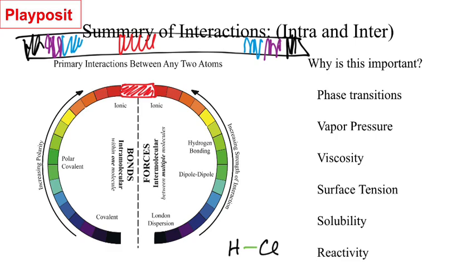This molecule wants to interact with something else. Because it wants to interact with something else, if I put something remotely negative in here, say like a hydroxide, what happens? This chlorine wants to steal the electrons away from the hydrogen. The oxygen wants to pick up that hydrogen.